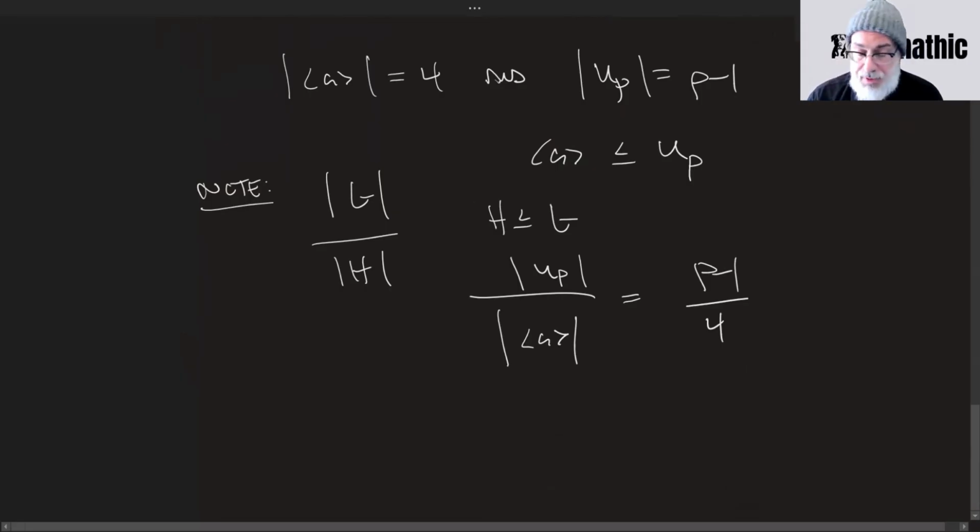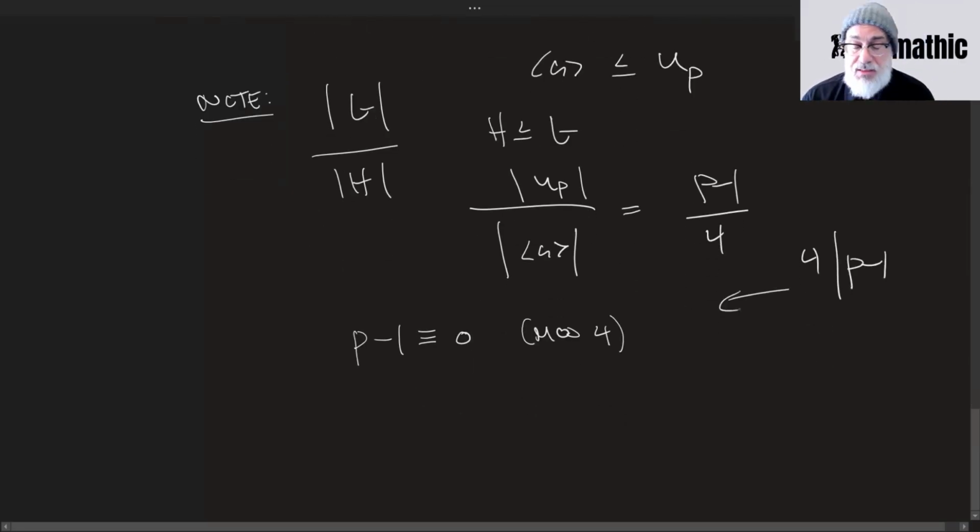But this gets us where we want to go, at least for this problem, because 4 divides P minus 1, right? Which is the same as saying that P minus 1 is congruent to 0 mod 4. So if 4 divides P minus 1, in terms of mods, P minus 1 is congruent to 0 mod 4.